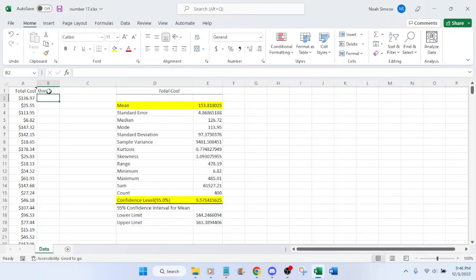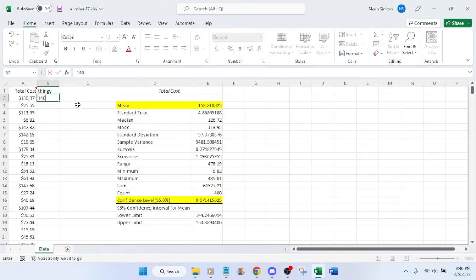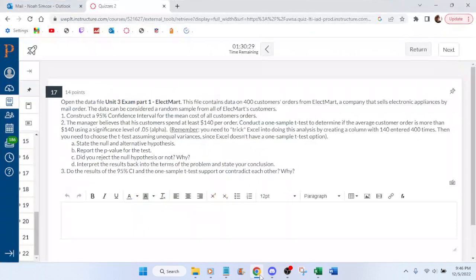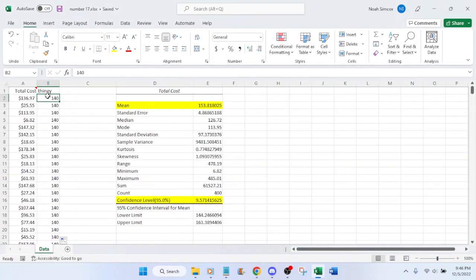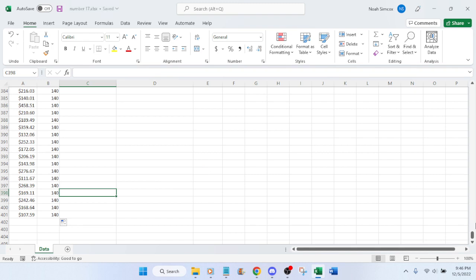I don't remember what to call this. I'm just going to call it 140. Save. So let's go to the bottom just to make sure. So 140, and yep, that worked.